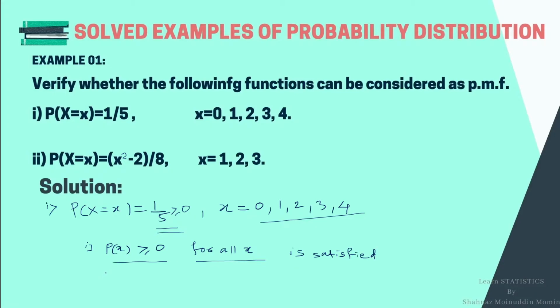We have to check the second condition. What is that? The second condition is, if we add all these probabilities, then it must be 1. So we shall check the second condition.